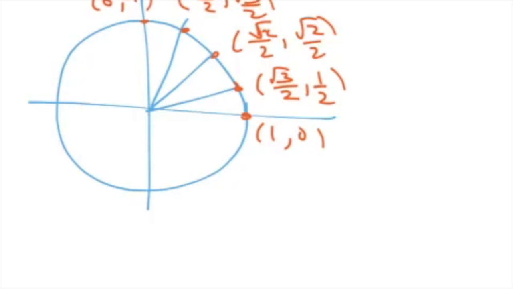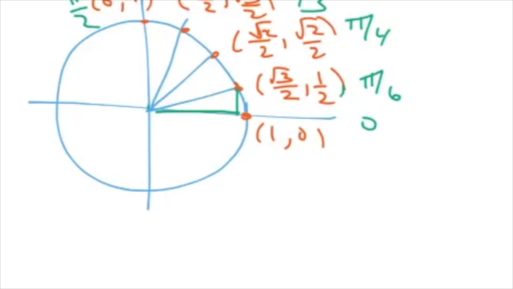Please note the angles: 0, pi over 6, pi over 4, pi over 3, and then pi over 2. For the 30-degree one, you're dealing with long on the x, short on the y.